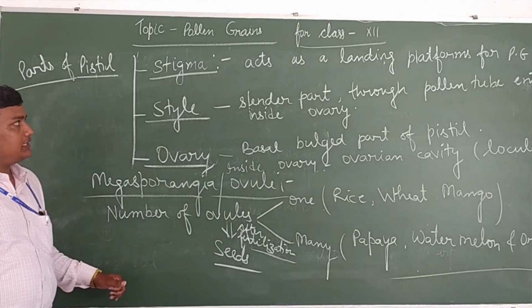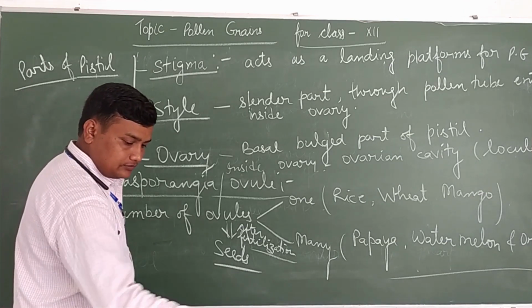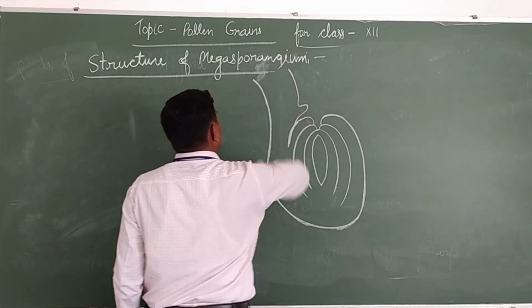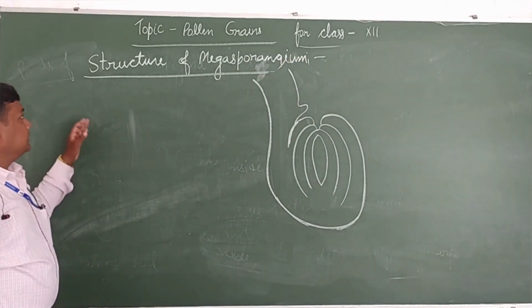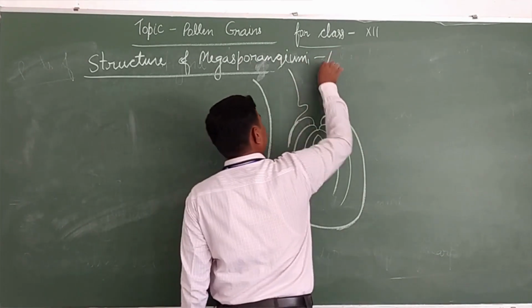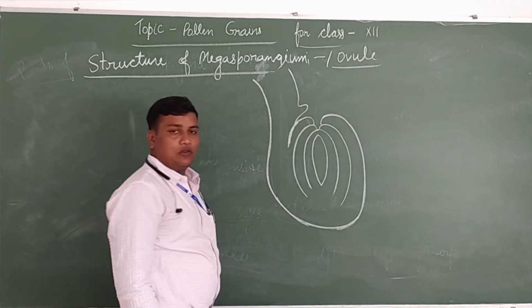Okay, next topic is the structure of megasporangia. Okay students, this is the structure of megasporangia. It is also known as ovule, and you know that the ovule is present inside the ovary.